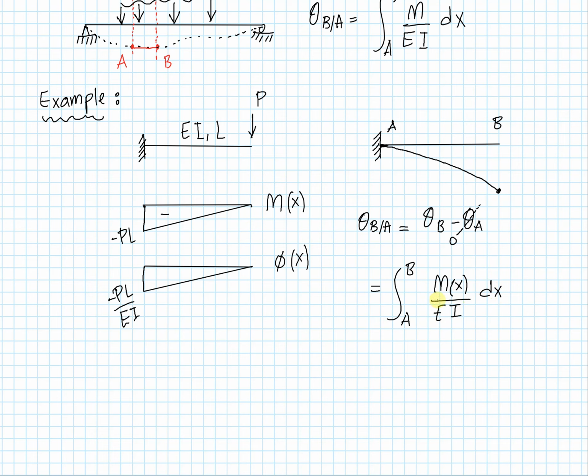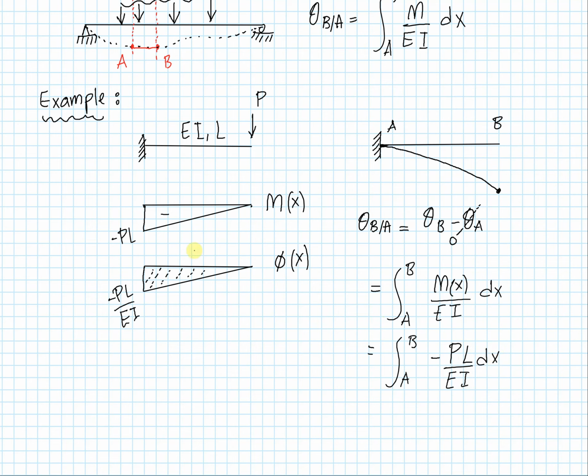And what I need to do is to calculate the area of my curvature diagram. So I need to find out what this whole area is, and I'll have the integral of minus PL over EI dx, and that area is really straightforward.